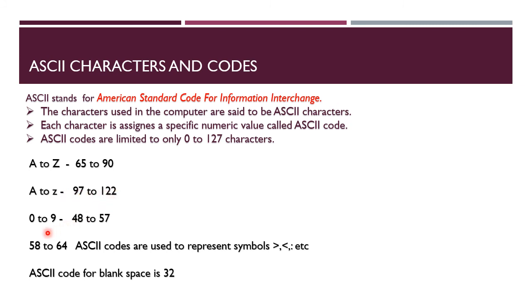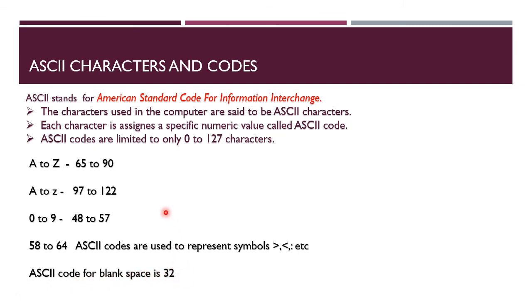For the digits 0 to 9, you have the ASCII codes 48 to 57, and 58 to 64 are used to represent symbols like greater than, less than, colon, etc. The ASCII code for the blank space is 32.